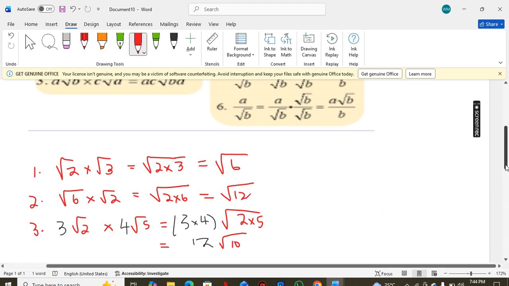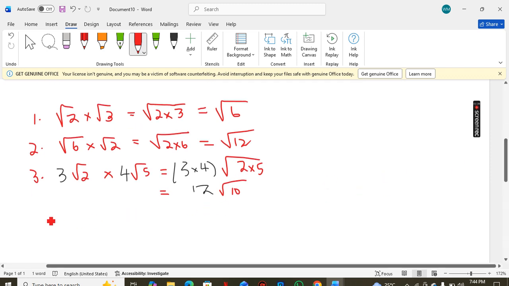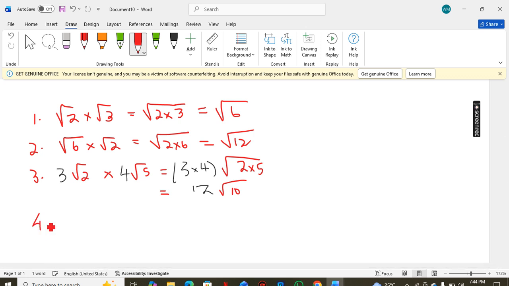Okay, another example. 2 root of 2 multiplied by 3 root of 2. Okay, the same thing as we did earlier.